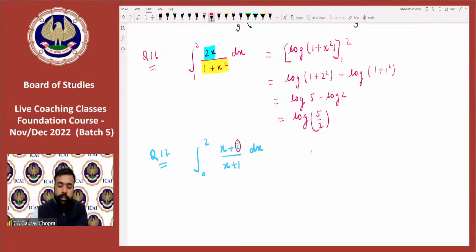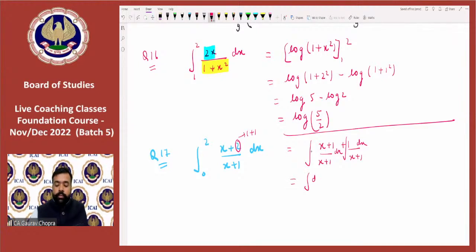This 2 can be written as 1 plus 1. So we can write this as x plus 1 plus 1 divided by x plus 1, and then dx.